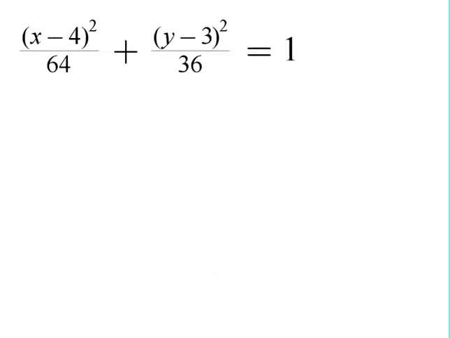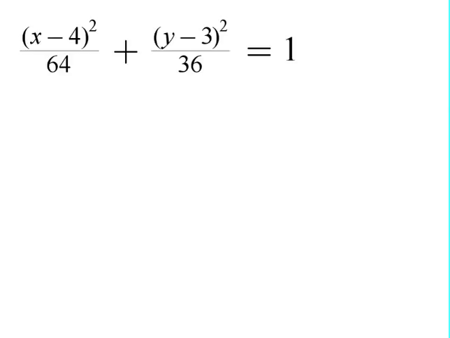All right, let's look at this one. Determine the eccentricity. (x minus 4) squared over 64 plus (y minus 3) squared over 36 equals 1. First thing I'm going to do is identify what I'm given in the problem.